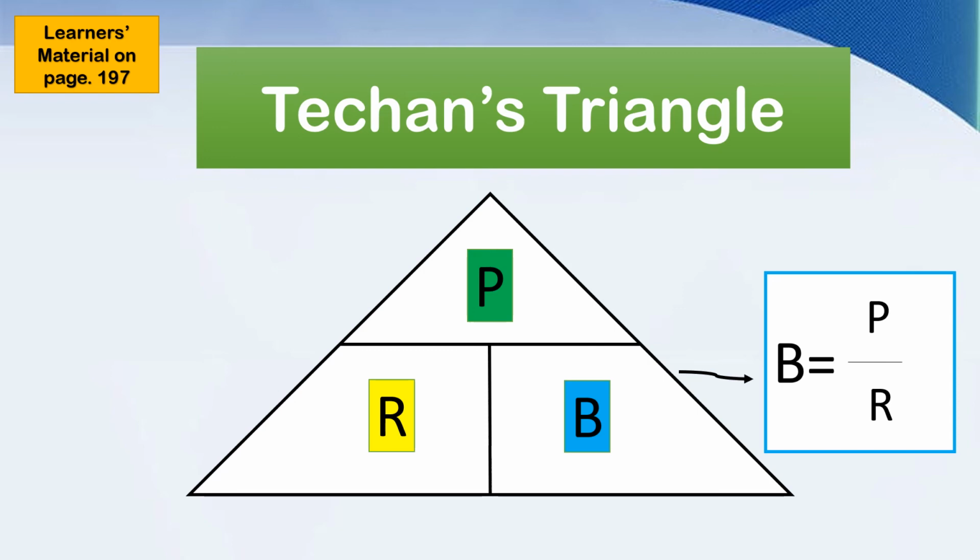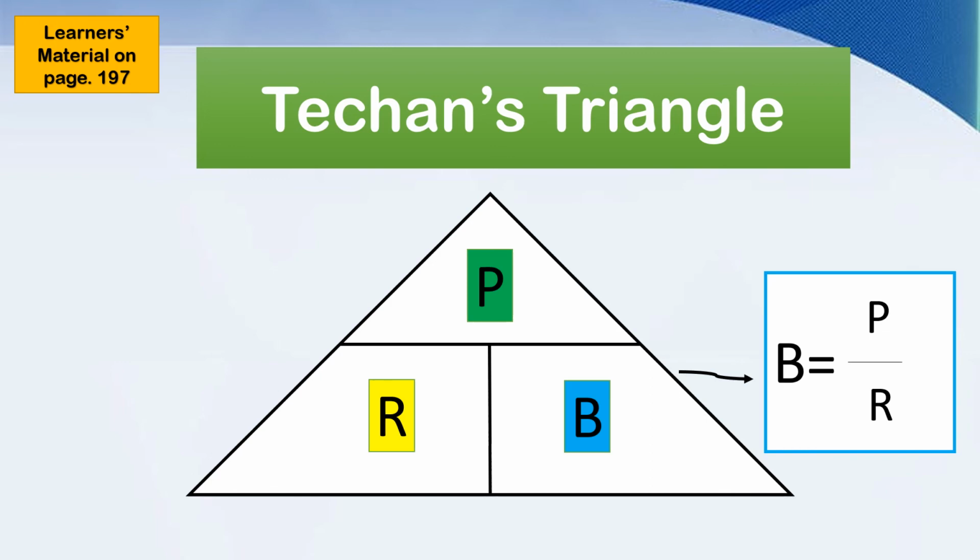And base is percentage divided by rate, or B is equal to P over R. Tetcham's triangle can help us remember easily the formula in solving problems involving percent.